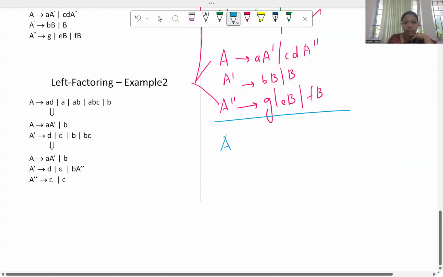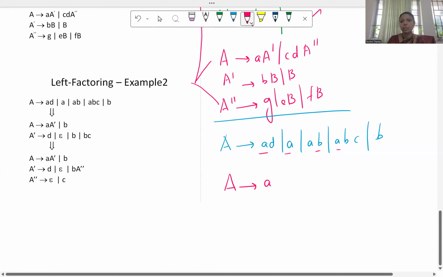Next the context-free grammar we are given is AD, A, AB, so that you will understand clearly in all situations how to remove the left factoring. So here, if you see, the common term is A. So we have to rectify it. I'm taking A as common, introducing a new non-terminal, and the remaining thing present other than A is b.